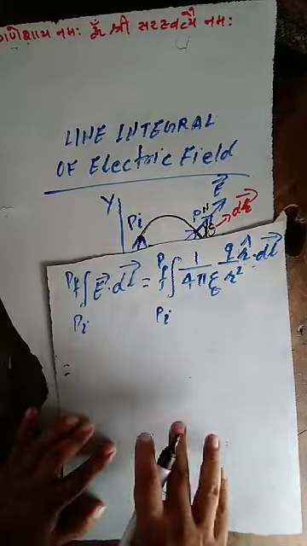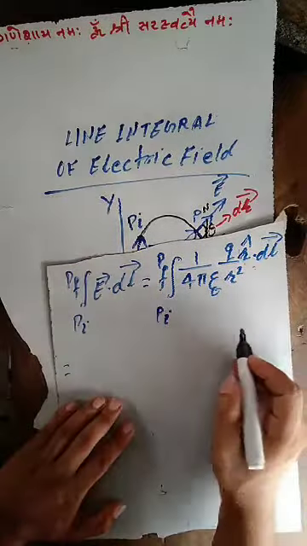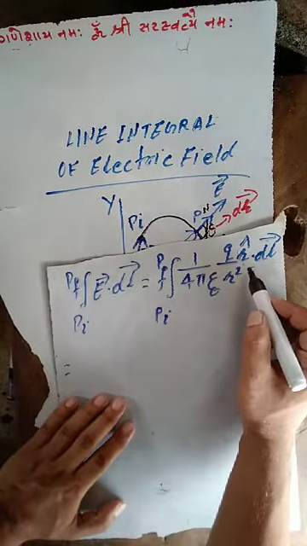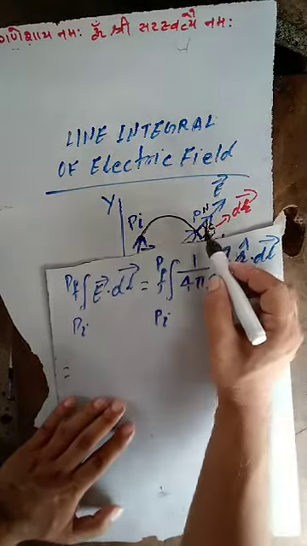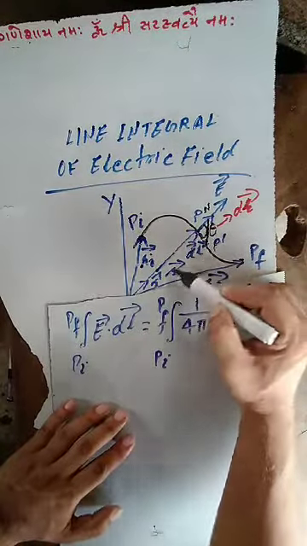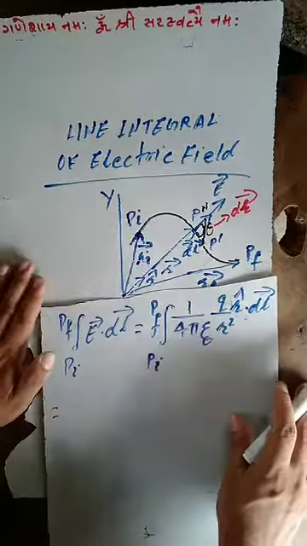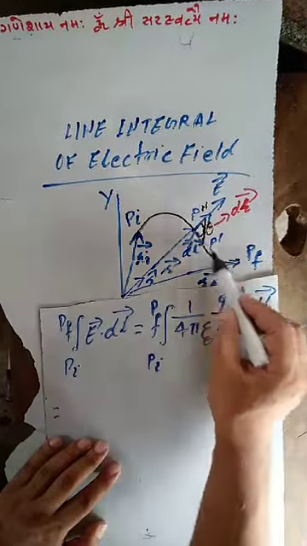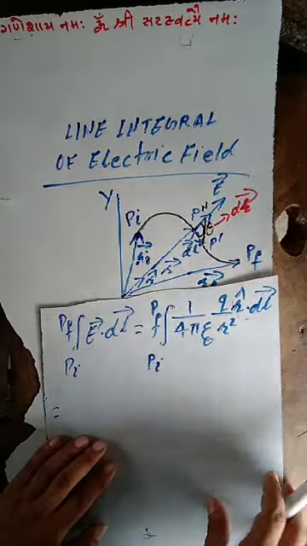Now one thing here, the variable, how we will find this. So r cap, see here in the diagram, r cap is in this direction along the electric field, and dl is along this, and the angle is theta.